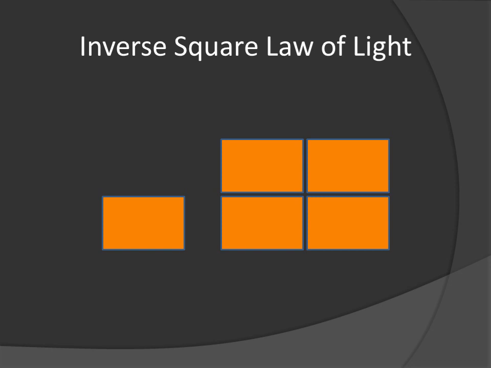So you double the horizontal, you double the vertical. What does that mean? You're talking area, not linear. This is how the inverse square law of light works. You double the distance, but you quadruple the area. That is 2 squared.